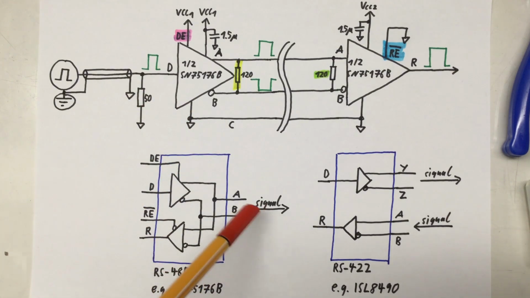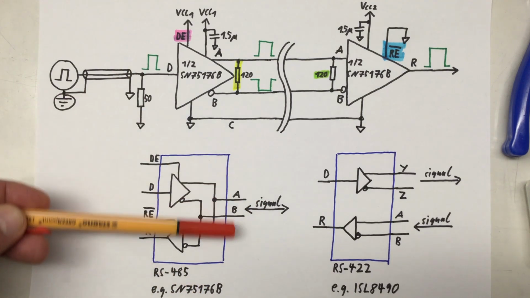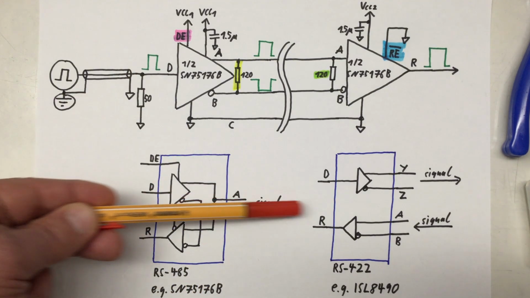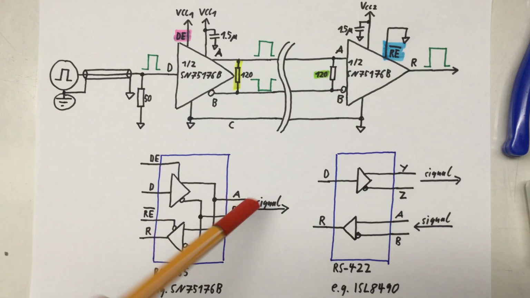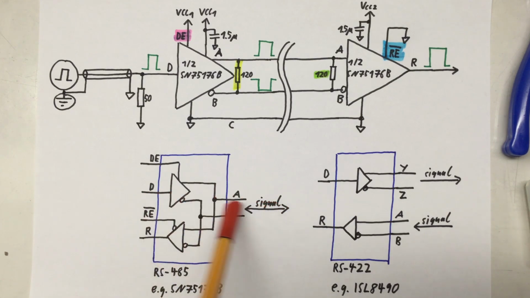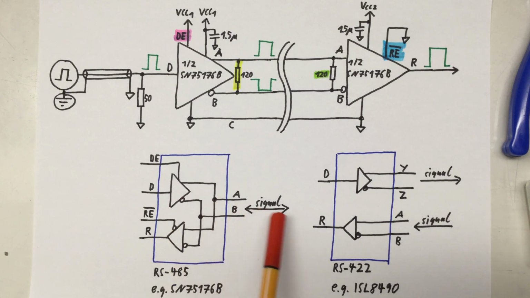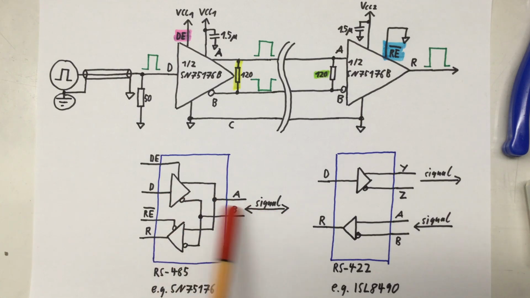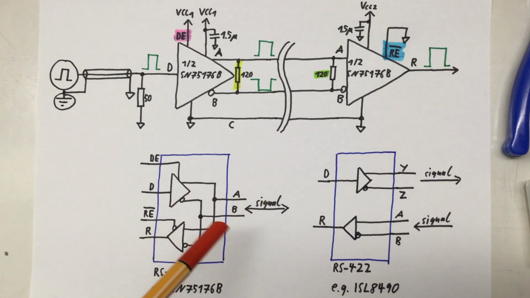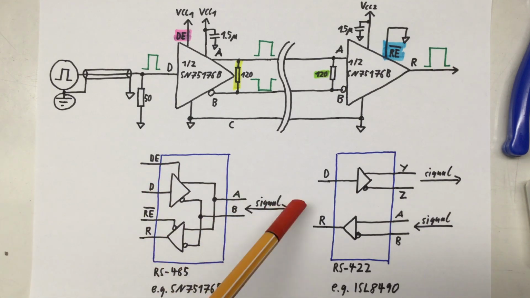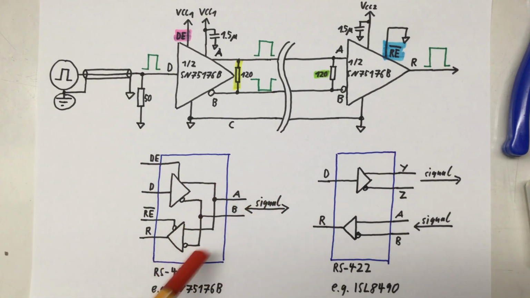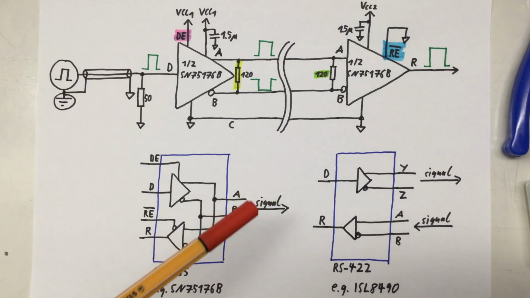Meaning a signal can be either transmitted via the differential pair or it can be received via the differential pair. That is, we have here a bidirectional data flow. Though it's only half-duplex, because we can either transmit a signal or we can receive a signal. We cannot do both at the same time.